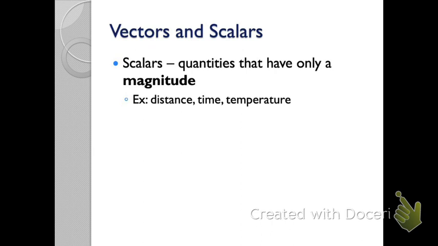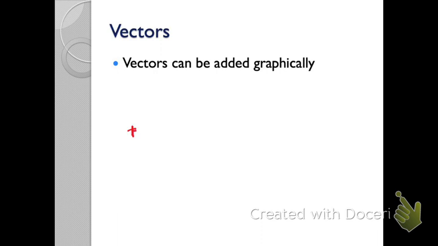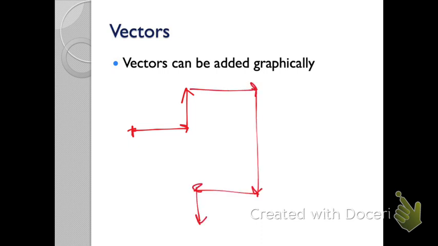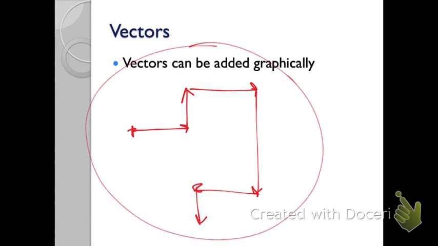Okay? So let's go back to vectors now. When we look at vectors, we can add them graphically or algebraically. We can add vectors 2 different ways. And so what I mean when I say add vectors is if I say this guy walked east, then north, then east again, then south, then west, then south, and whatever he did. This would be an example of adding them graphically.